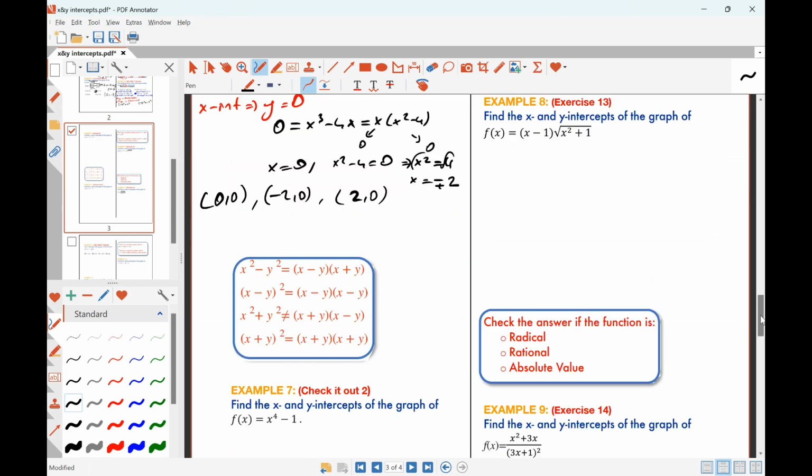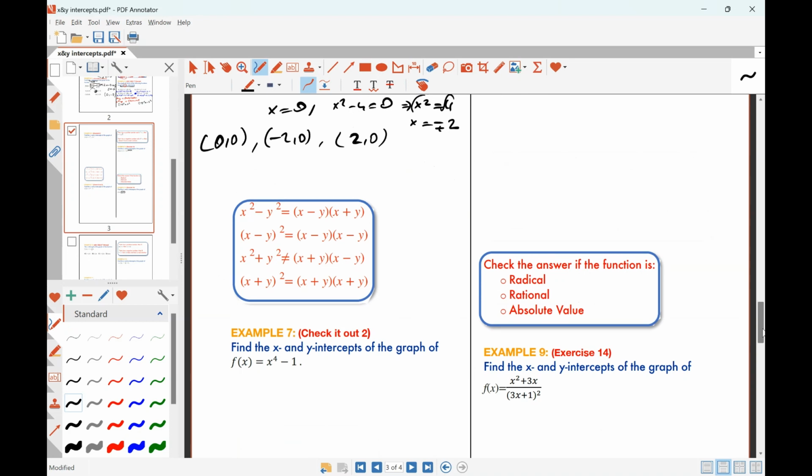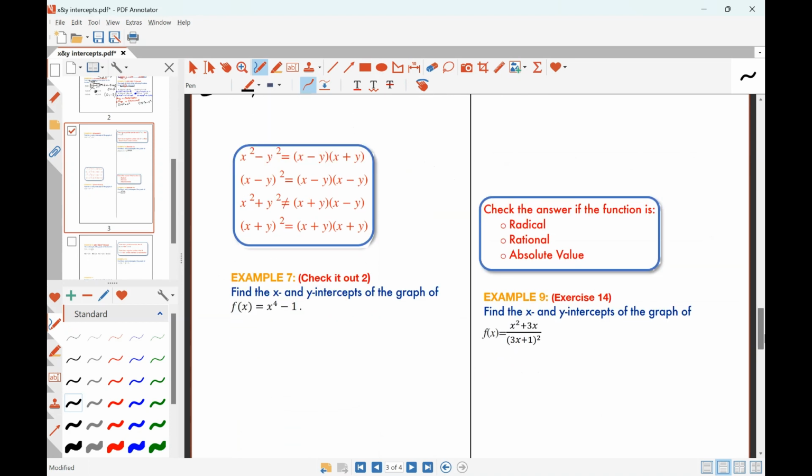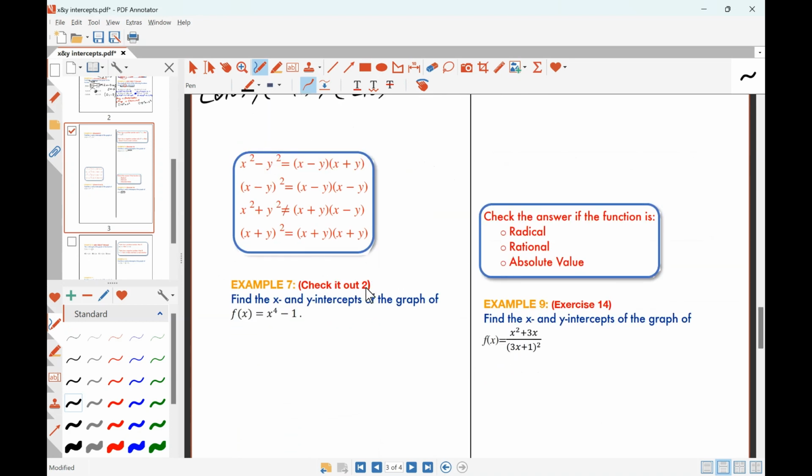Let's continue with a quartic example. Check it out, example 2 in the book, x to the fourth minus 1. And there are some expansion rules that you need to remember to solve some questions. X squared minus y squared, for example, is x minus y, x plus y.